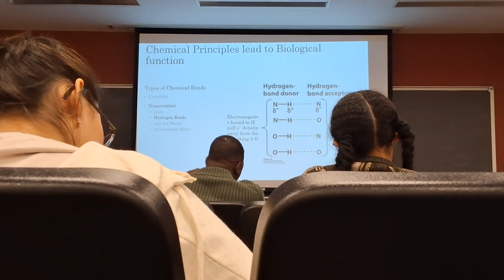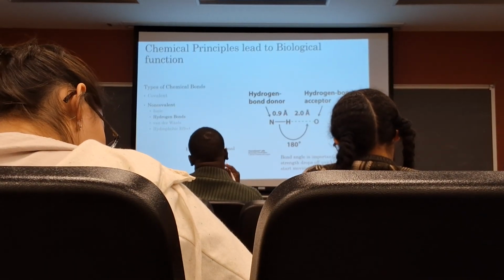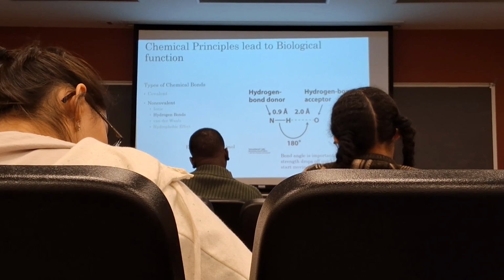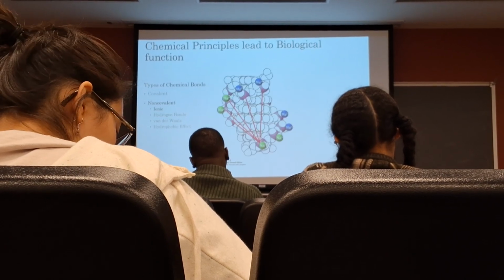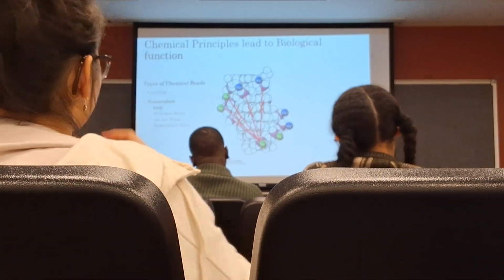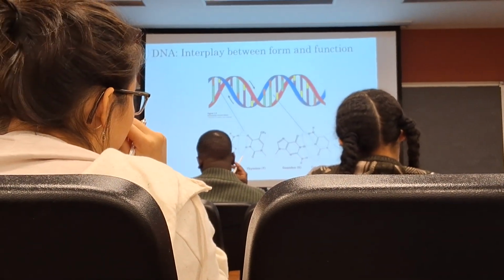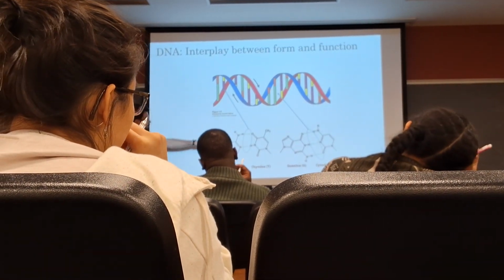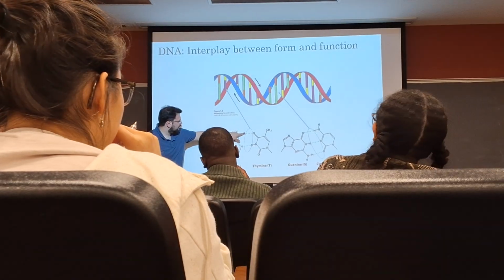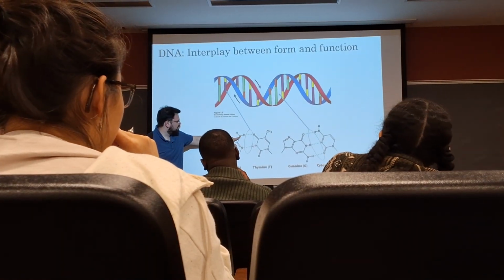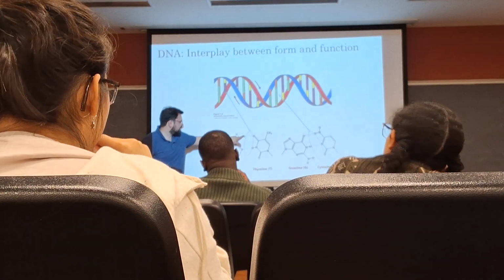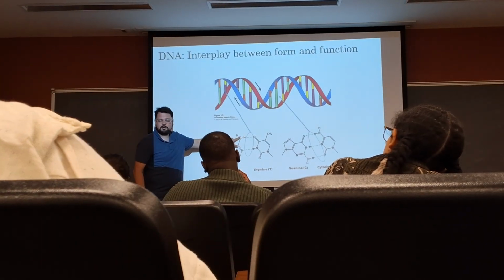So let's look at the picture. So we go back here to our base pairs, right? So now it's clearer to see. So here, for example, we have an NH, so we have an H bound to N. So here's our hydrogen bond, what, donor or acceptor?